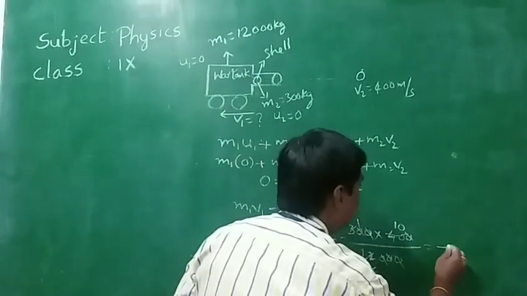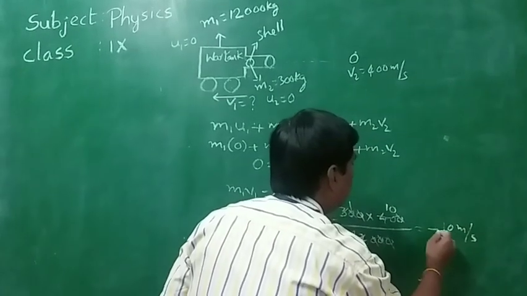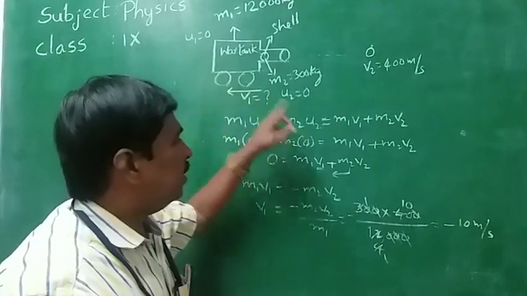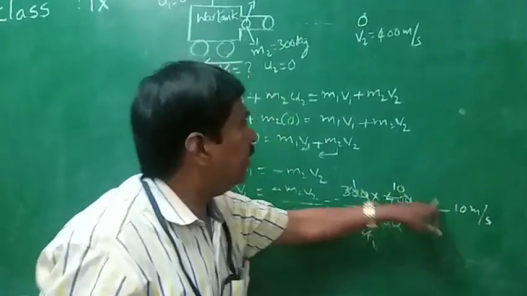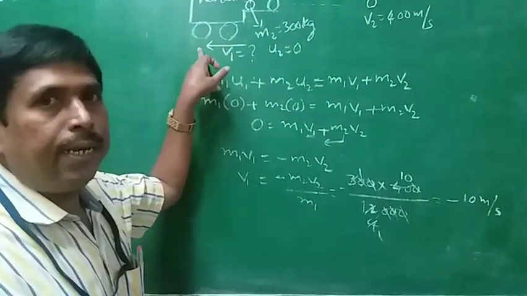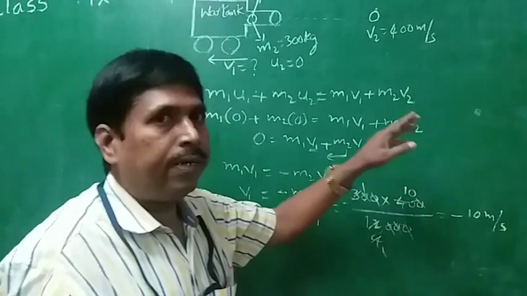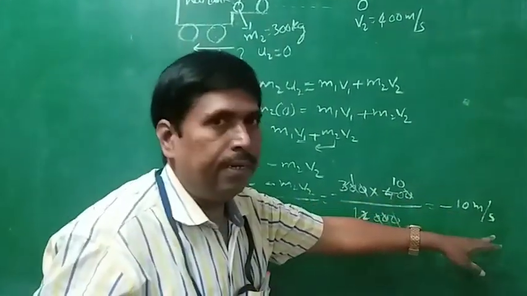So you get minus 10 meters per second. The velocity unit is meters per second. Why you get minus here is that it is moving in the opposite direction. So the velocity of the water tank after the shell is fired is 10 meters per second.